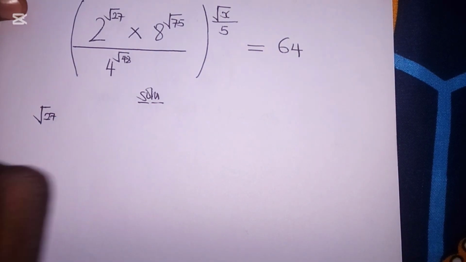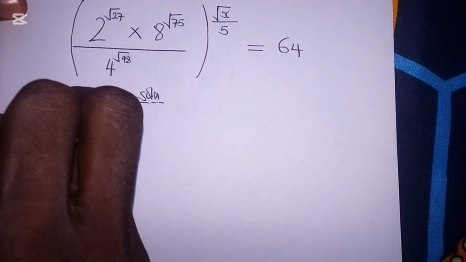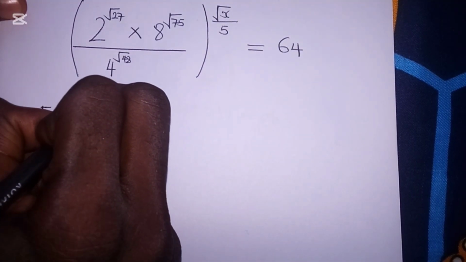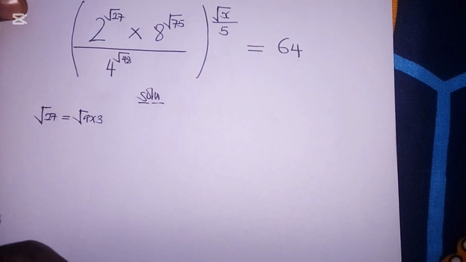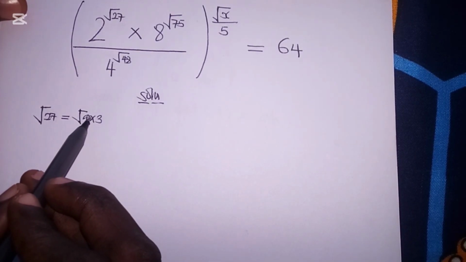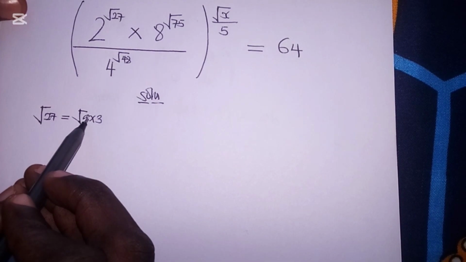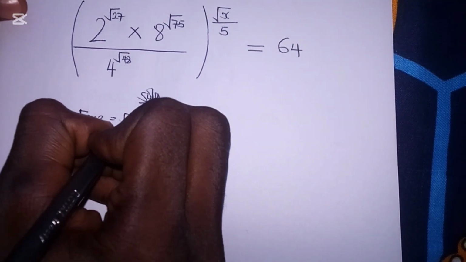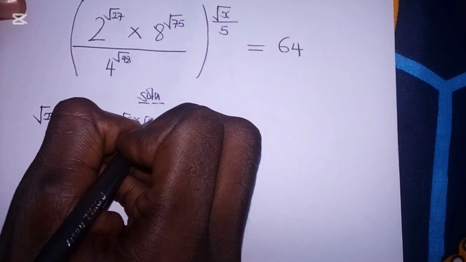27, let's find two numbers that when multiplied give 27. That is 9 times 3, and 9 is a perfect square. Now this becomes root 9 times root 3.